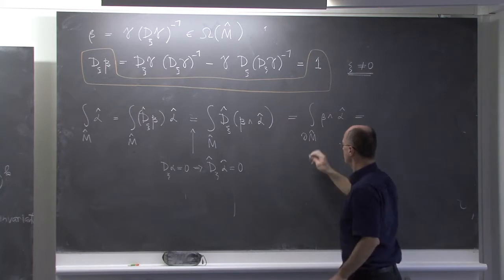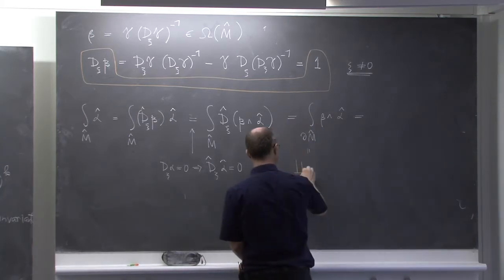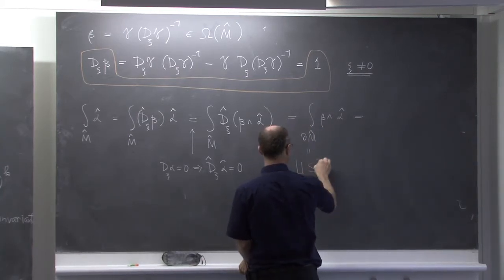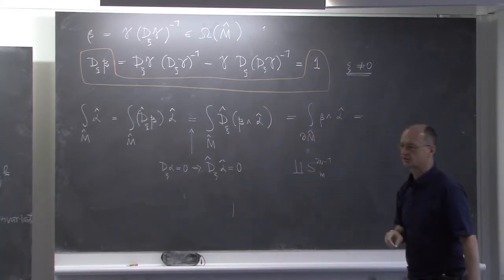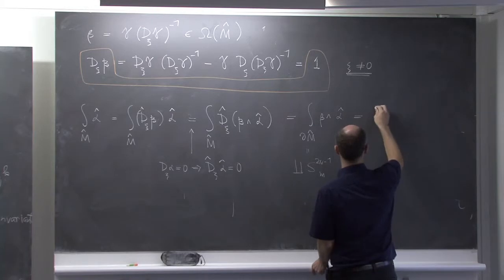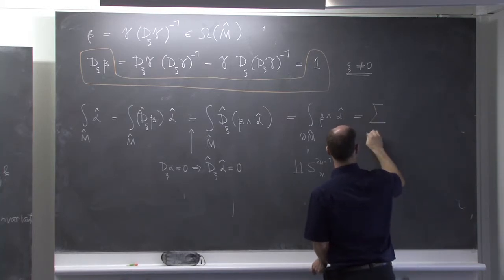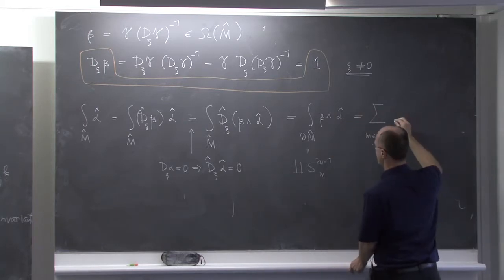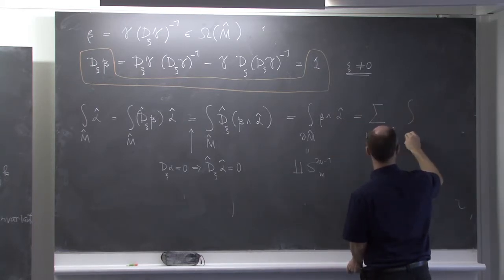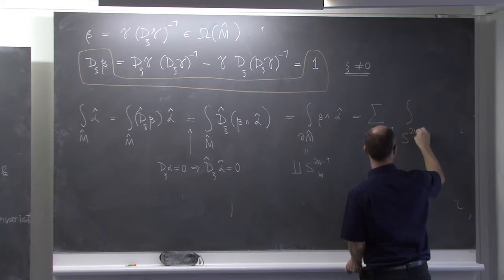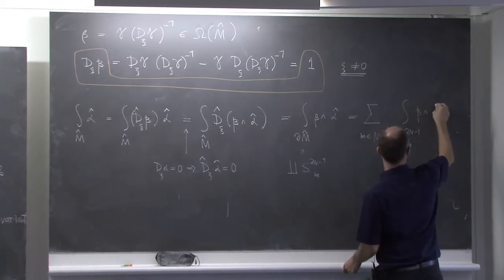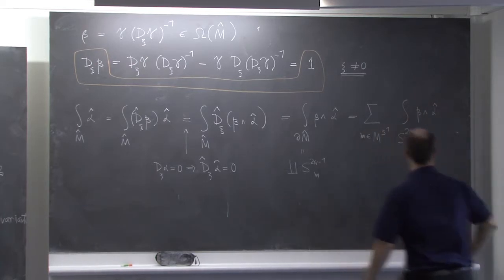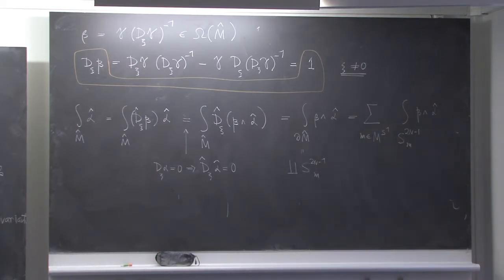Now the boundary of m hat, that's this disjoint union of spheres, which correspond to fixed points. So this means this is the sum over fixed points, and here that's an integral over the particular boundary component of beta wedge alpha hat.